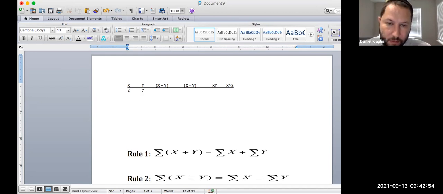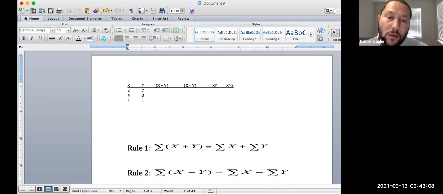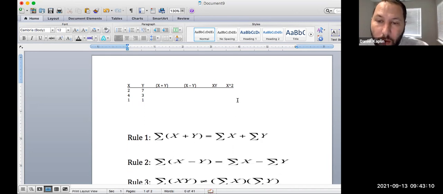And we're going to go down, make this one 4, 3, then 1, 1. Now I'm intentionally making it a small sample because for the sake of this, I want to be able to work with you, and I don't want to have really heavy mathematics to calculate.